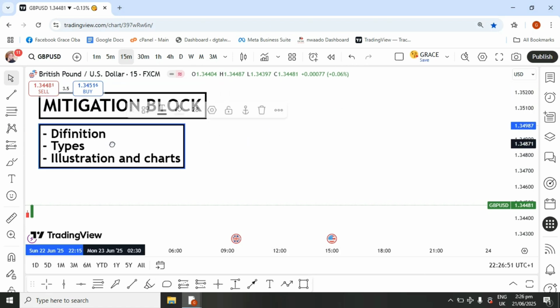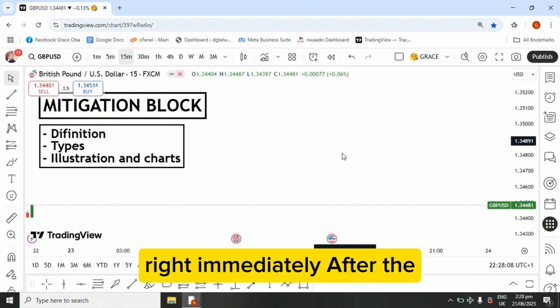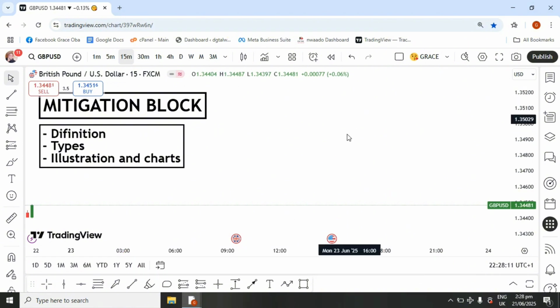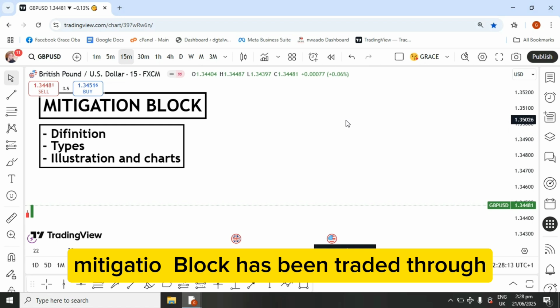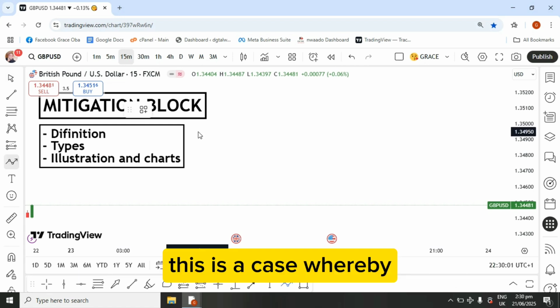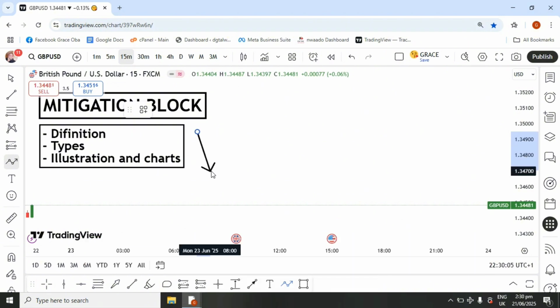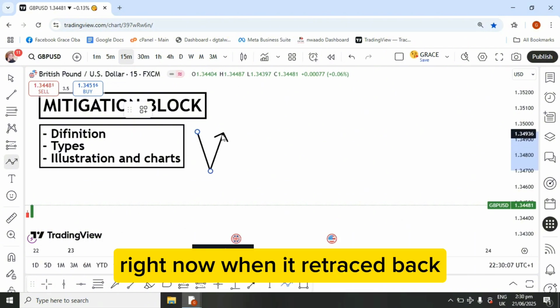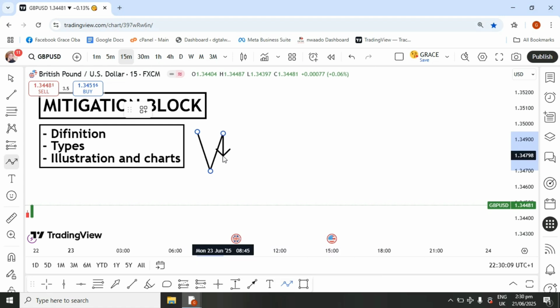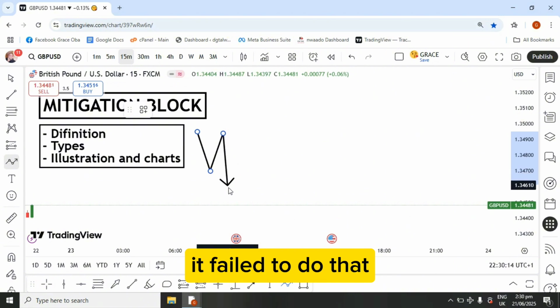For a bullish mitigation block, we want to see price crossing up immediately after the mitigation block has been traded through. Now for a bullish mitigation block, this is a case whereby a swing, a price movement, was creating lows. Now when it retraced back, instead of creating a low to take off this lower low, it failed to do that.